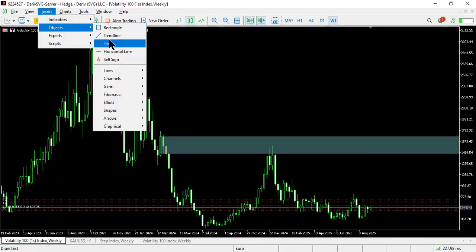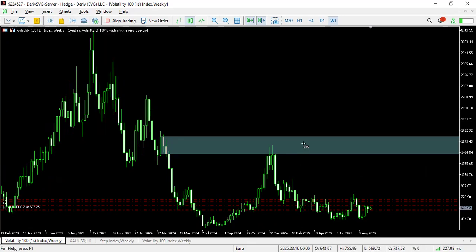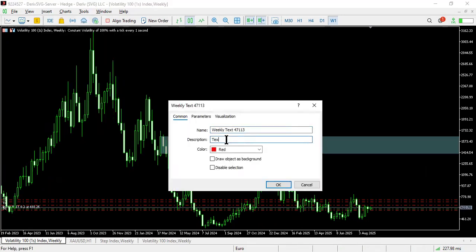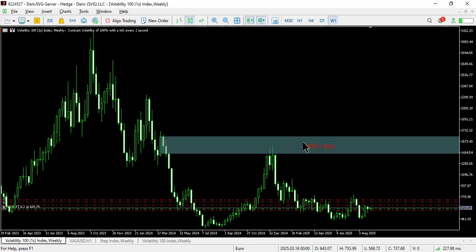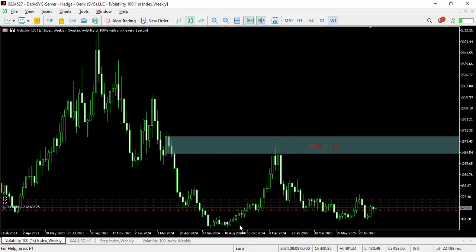That is the supply zone. And then we have our demand zone right here.